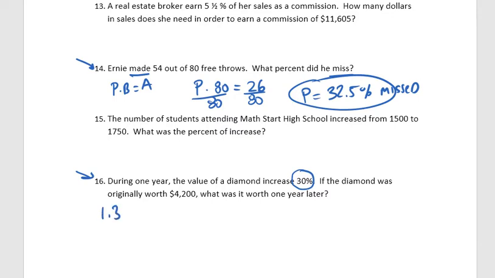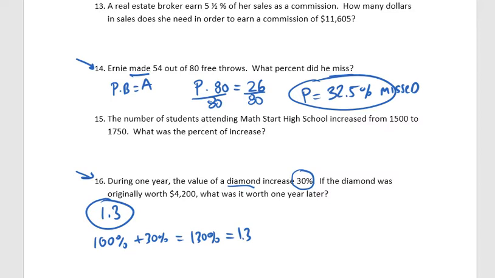No change to the value of the diamond would be 100%. It would retain 100% of its value if there was no change at all. But this is going to increase 30%. So I'm starting with 100%, adding 30% to it, which gives me 130% of the overall value. And as a decimal number, that is 1.3. So that's how I got that growth factor.